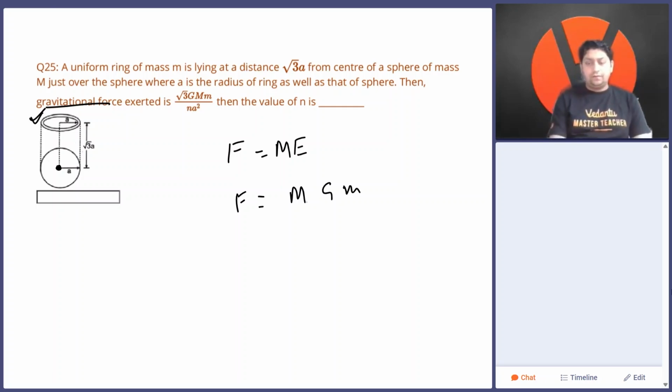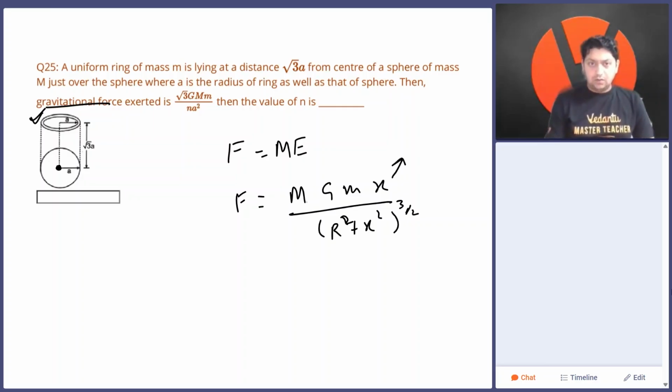The value of the field strength will be equal to G M x over (r square plus x square) to the power 3 by 2.